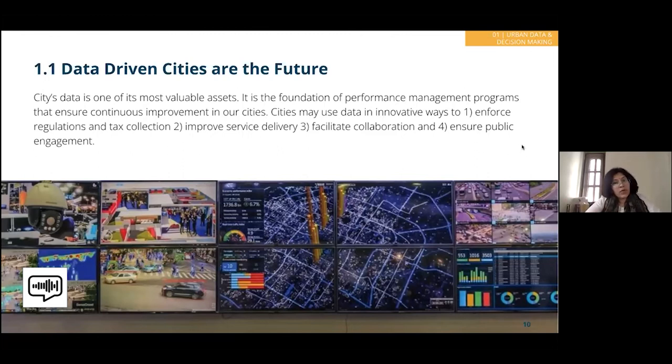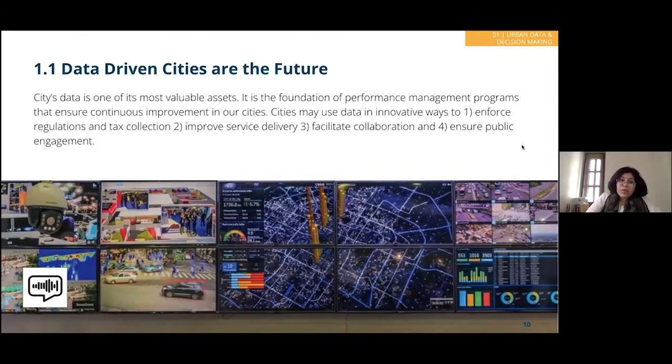So you will see a lot of Indian cities now getting into GIS based spatial databases so that they can streamline their property taxes, they can mark all the properties, they can have an inventory of all public land, they can have an inventory of all amenities, etc. So at a very basic level, we all know that it's extremely critical to enforce regulations and tax collection.